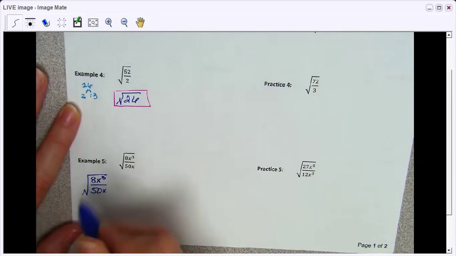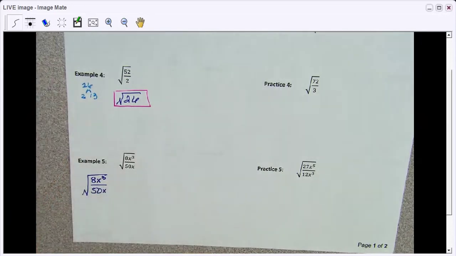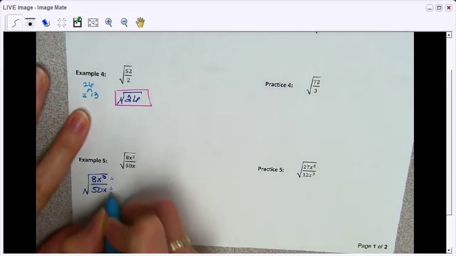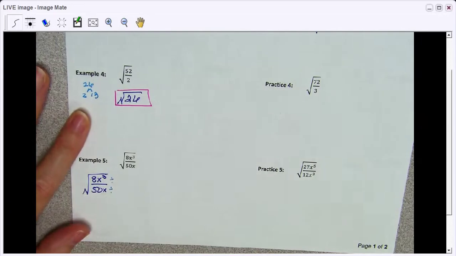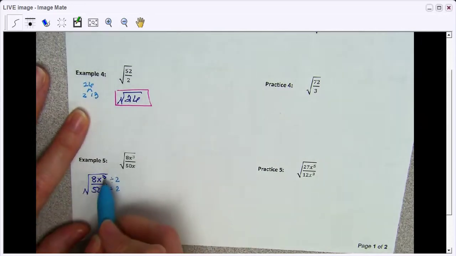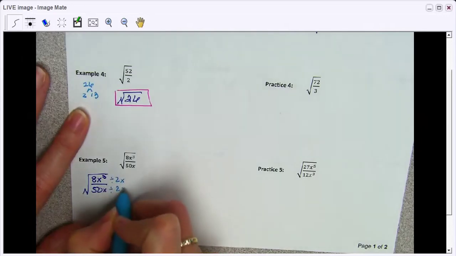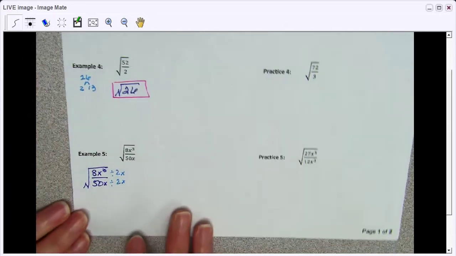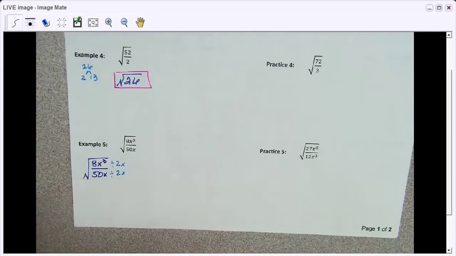So I'm going to find the greatest common factor between 8 and 50, and that is 2. And then the greatest common factor between x cubed and x is x. So I'm going to reduce the fraction inside of the radical by 2x. I'm not factoring out of the radical, I'm just reducing the fraction inside.